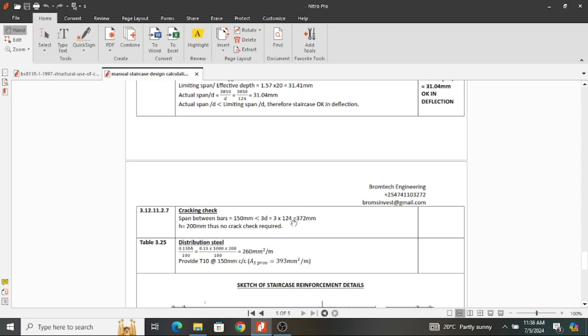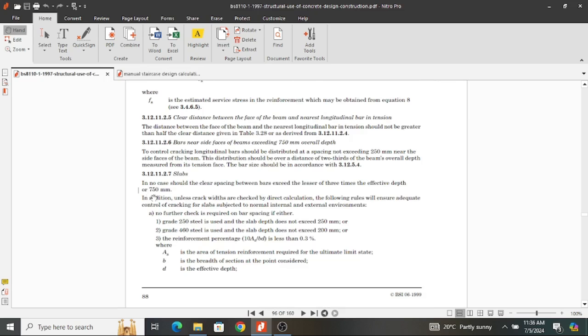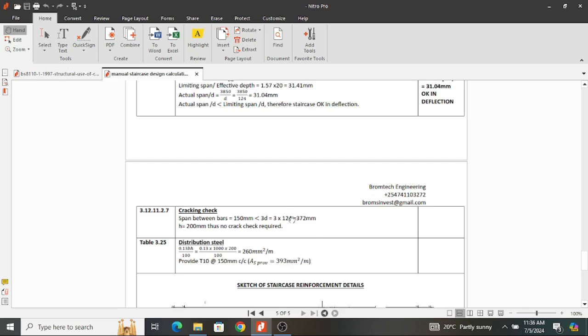So 3 multiplied by 124 is 372. Therefore, the maximum spacing of my reinforcement is not supposed to be the greater value of either 372 or 750 millimeters. Because 372 is the lesser value, that is the one we use.